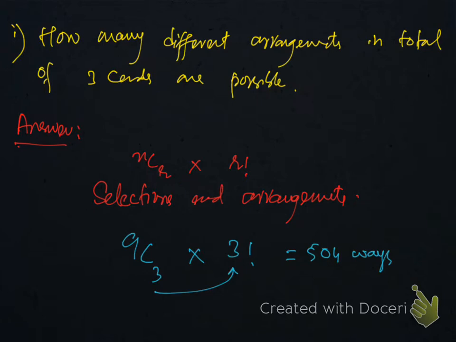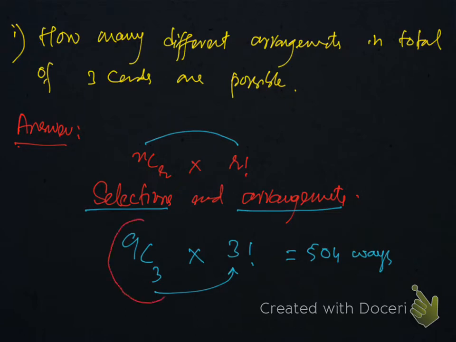So I'm using this formula NCR and R factorial because we have to use this formula for the later parts. So for practice, I'm doing this part with this formula. NCR means selections, whereas R factorial means arrangements. Since we have to select any 3 letters from 9, write 9C3 for that.